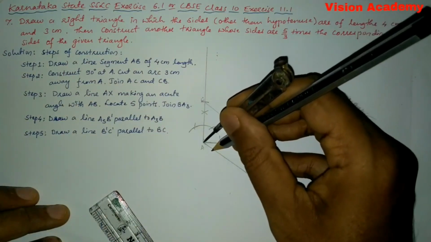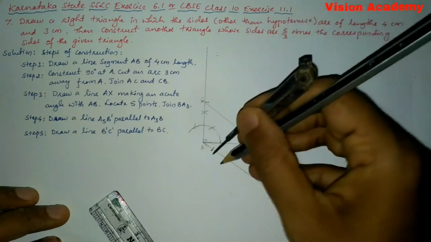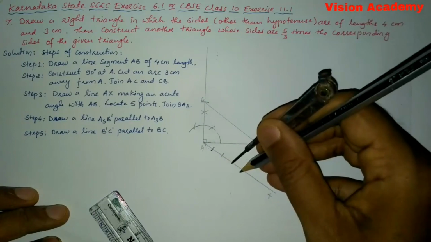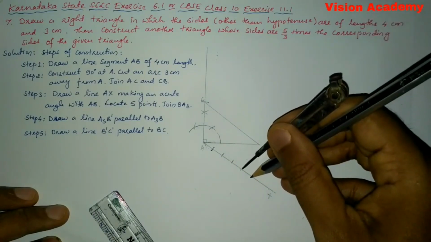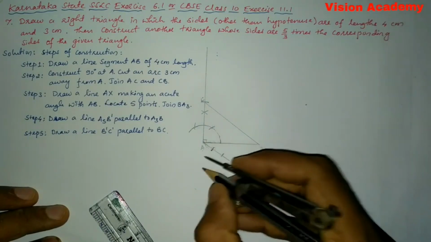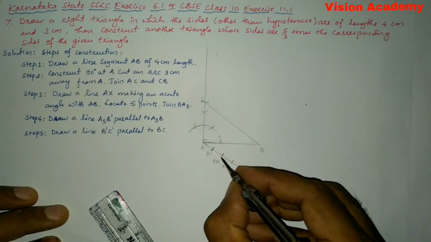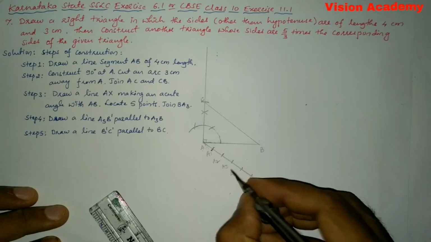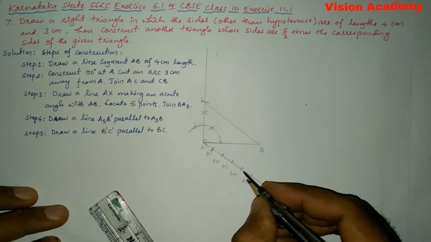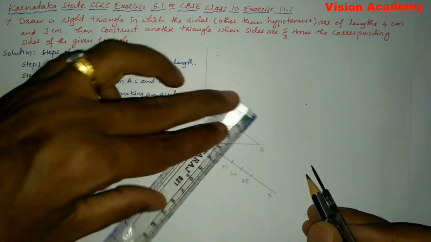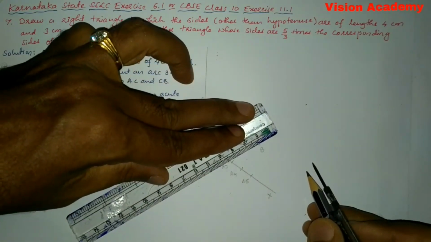So let me draw 1, 2, 3, 4 and 5, and name them A1, A2, A3, A4 and A5. Next, join BA3.